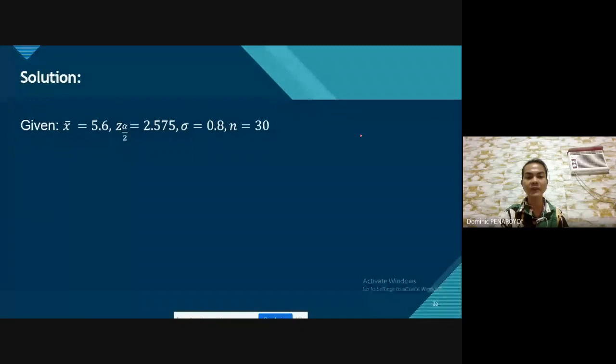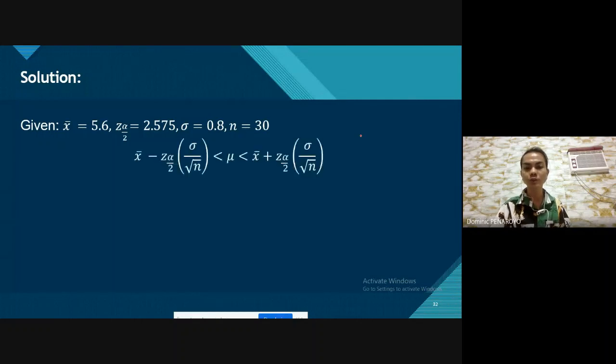The Z alpha over 2 for the 99% confidence level is 2.575, the population standard deviation is 0.8, and the sample size is 30. Now, it still satisfies the condition for using the z distribution formula. So we will use this because the population standard deviation is known and our sample size is equal to 30.